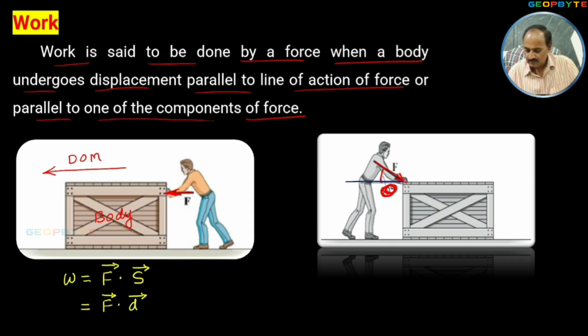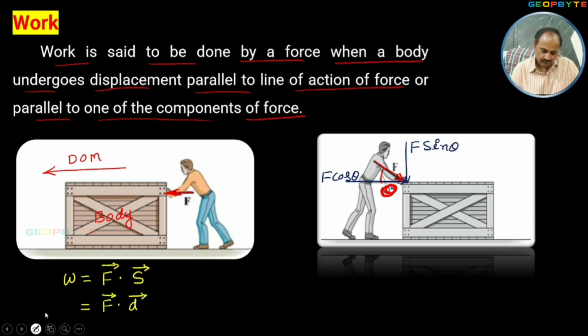This is the horizontal component of force with a magnitude F cos theta, and this is the vertical component of force with a magnitude F sin theta. But because of the force, the body is moving in this particular direction.